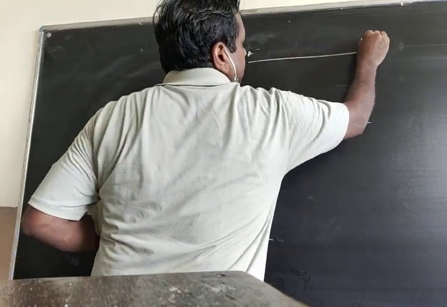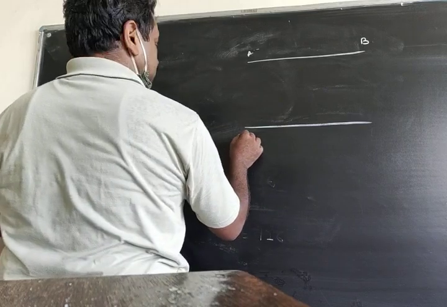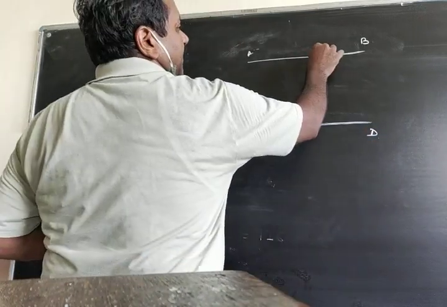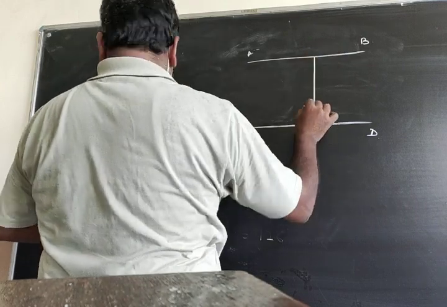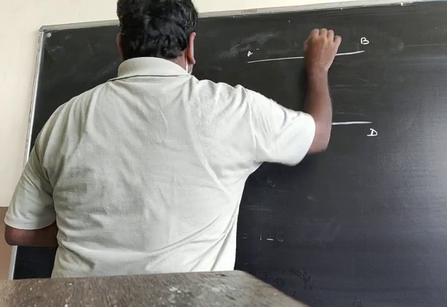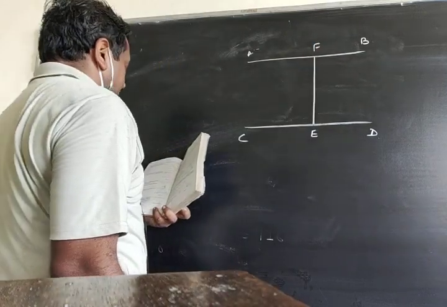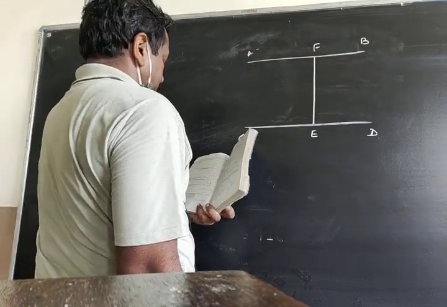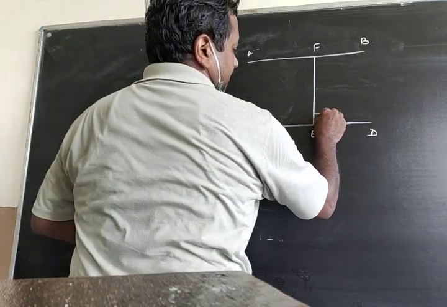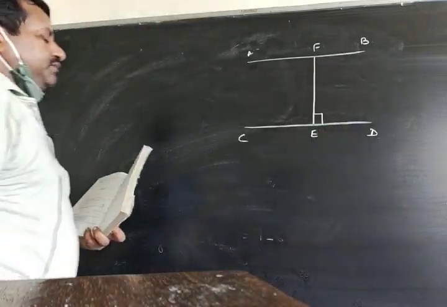AB parallel to CD, and EF perpendicular. Perpendicular means that it makes an angle of 90 degrees with CD. EF is making an angle of 90 degrees.